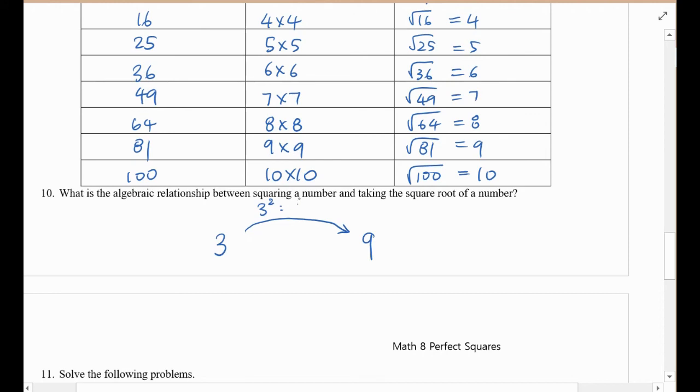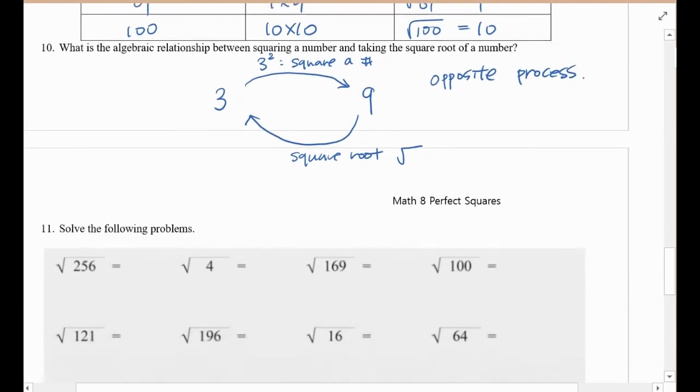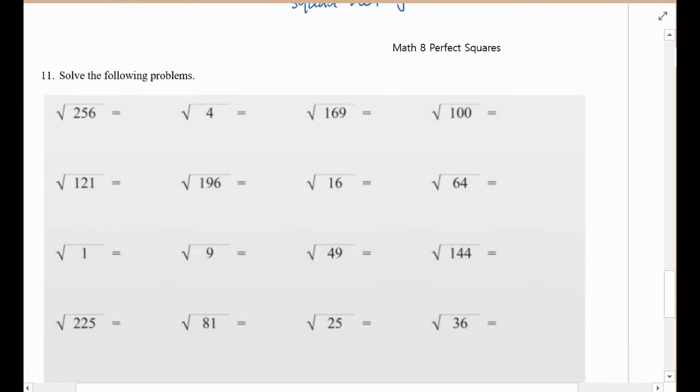So squaring a number, and then 9 to 3, taking a square root. Square root of 9 is 3. Okay? So exactly the opposite process. Right? Okay, let's move on.